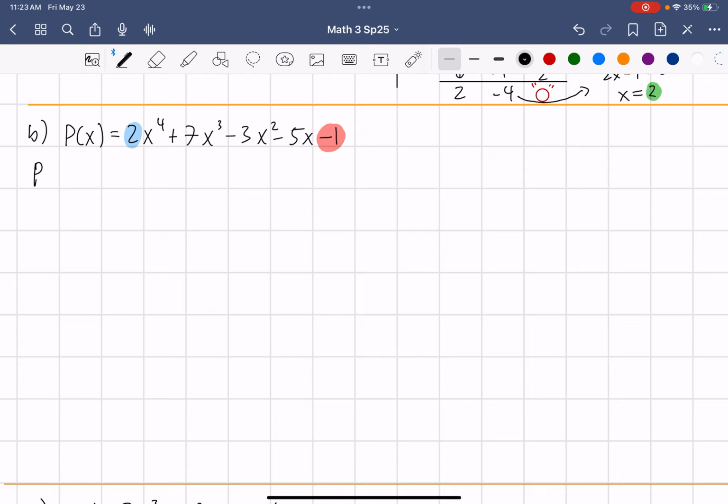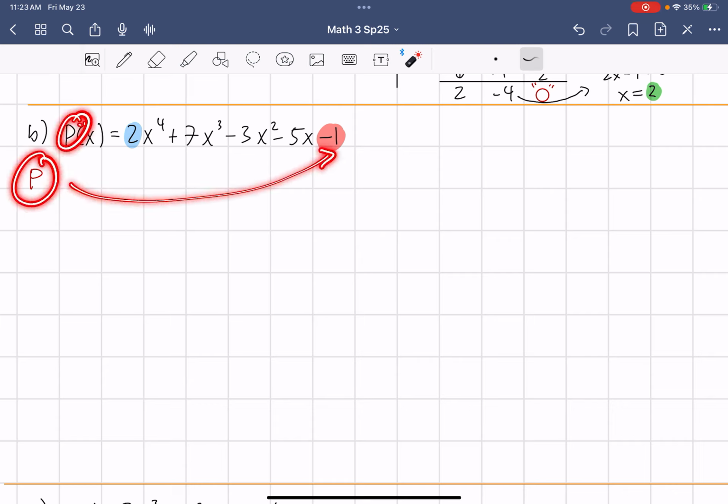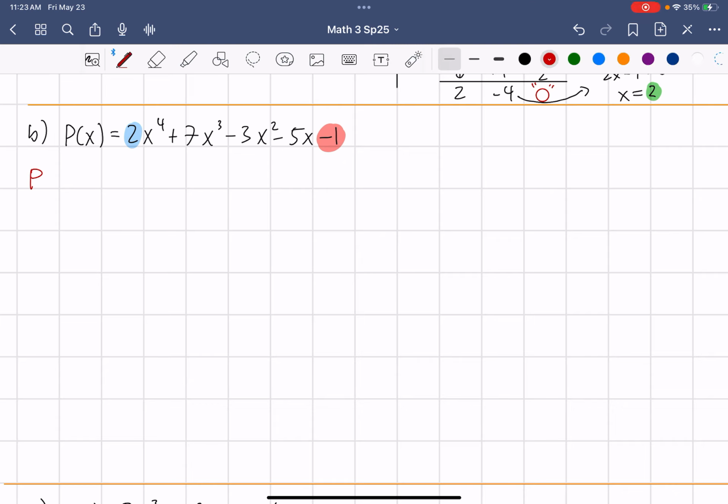So our P in this example, don't get mixed up this P of the function notation with P of the constant coefficient. Not the same thing. So luckily right now the constant coefficient, all you have is plus or minus 1. I know it's a negative one, but you're just thinking about the factors of 1, which is just 1. So there's no other factors there.